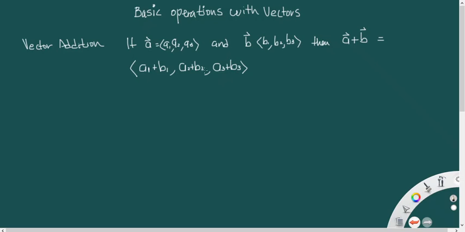And that's it. That's the way that we can add two vectors.